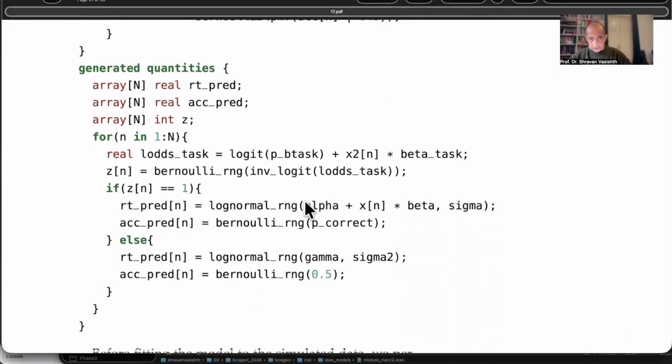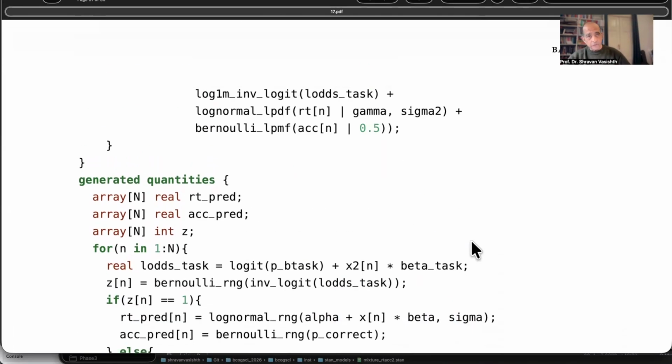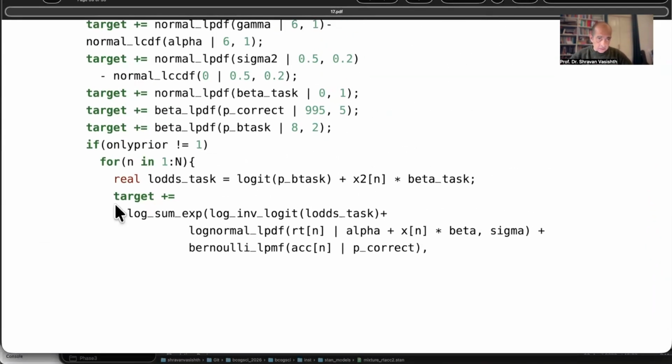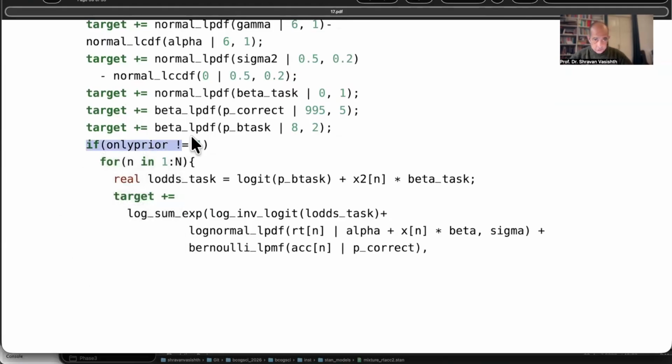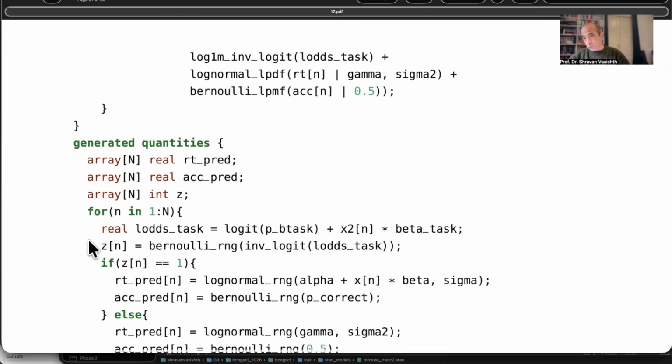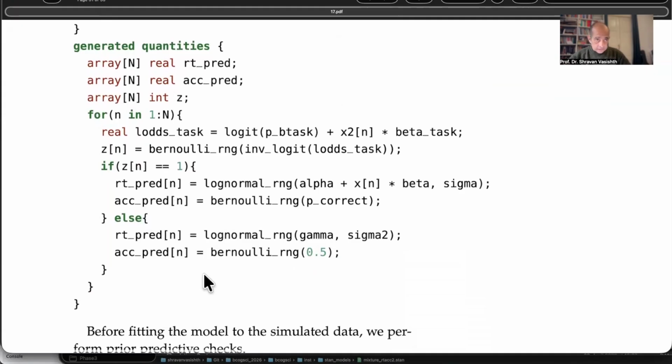The parameters will either be posteriors that would have been computed if this condition were true, if only prior was set to 0. And if only prior is set to 1, then when this code runs, it will produce prior predictive data.